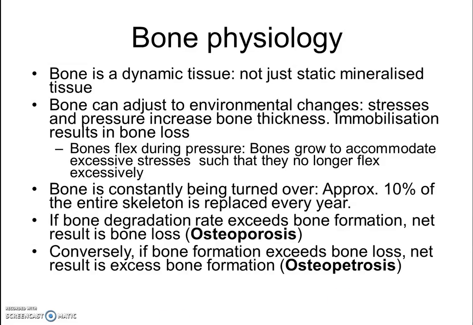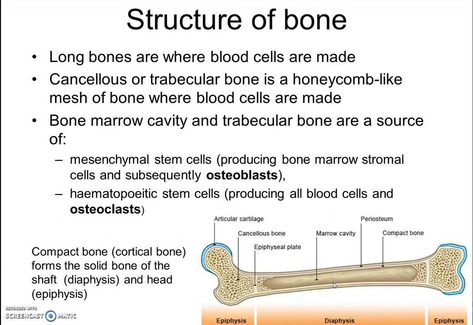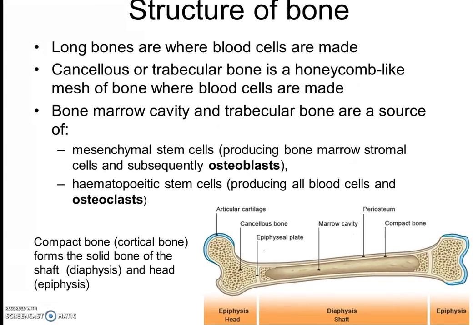So just a quick overview of the bone structure. If we're looking at a typical long bone here, at the ends of the bone we have this cancellous or trabecular bone, also sometimes called honeycomb bone, and this is very strong and very lightweight.